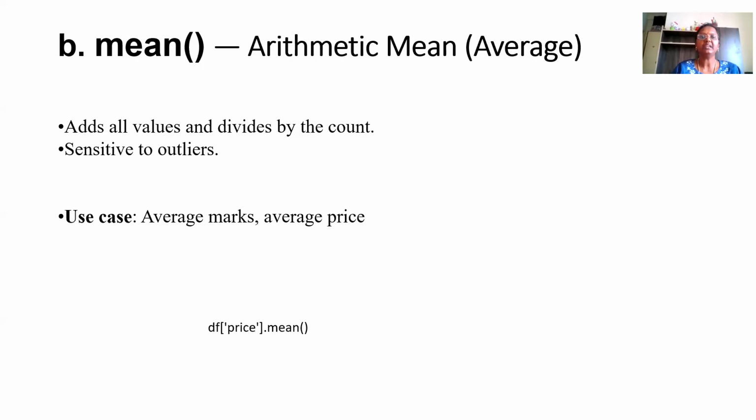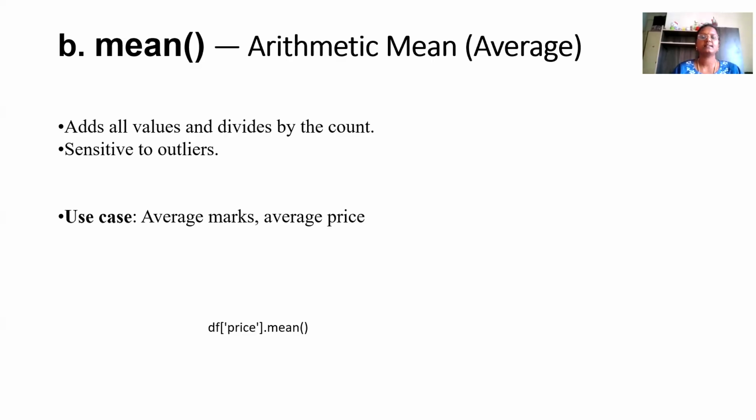The second one is the mean aggregate function, the arithmetic mean, which is called the average function. When you want to apply the average function on a given data set, you can use the mean aggregate function. Here all the values will be added and divided by the total count. This is sensitive to outliers because we are adding all the values available in the data set.